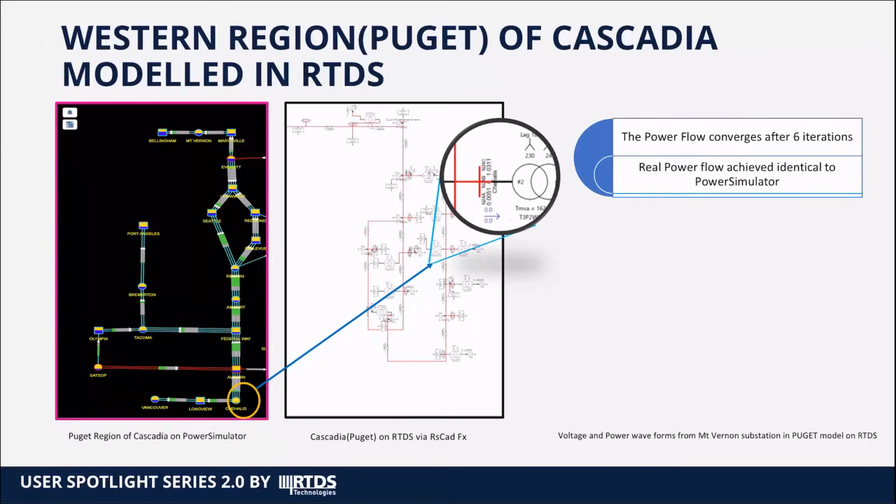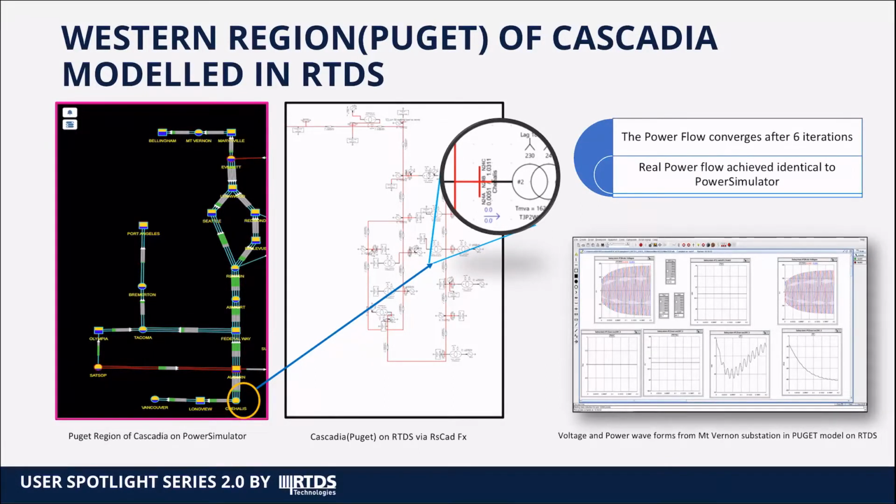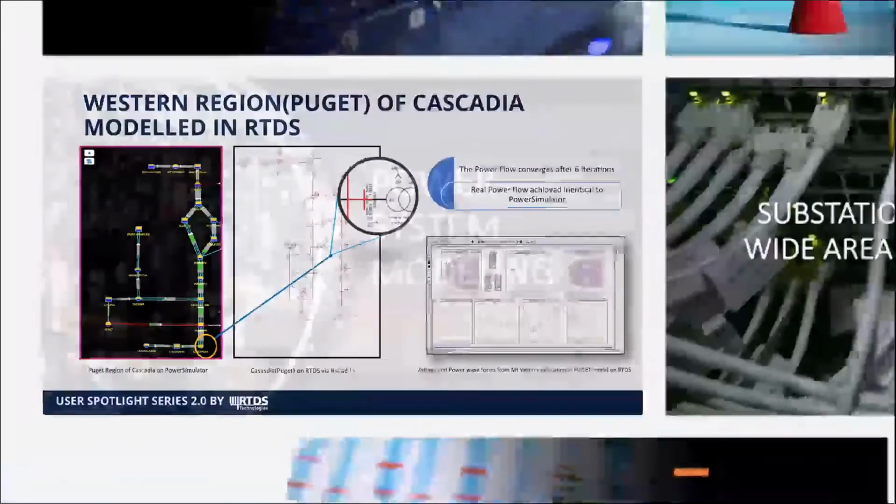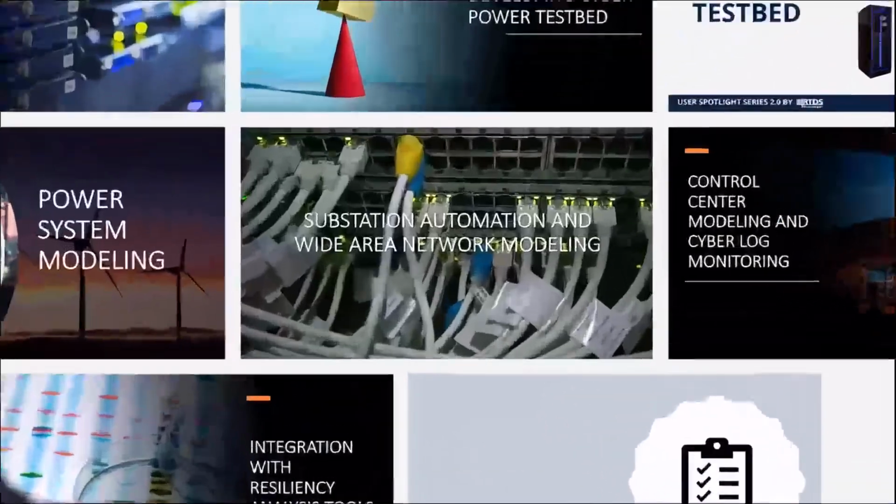Sources are simple voltage sources, and we have modeled the load as dynamic load operated as static loads, and the real power converges similar to INSYS Cascadia after 6 iterations. And these are voltage and power waveforms from a substation in the area, which is modeled in the RTDS. So this is basically the power system model that we are developing in the RTDS for our test case.